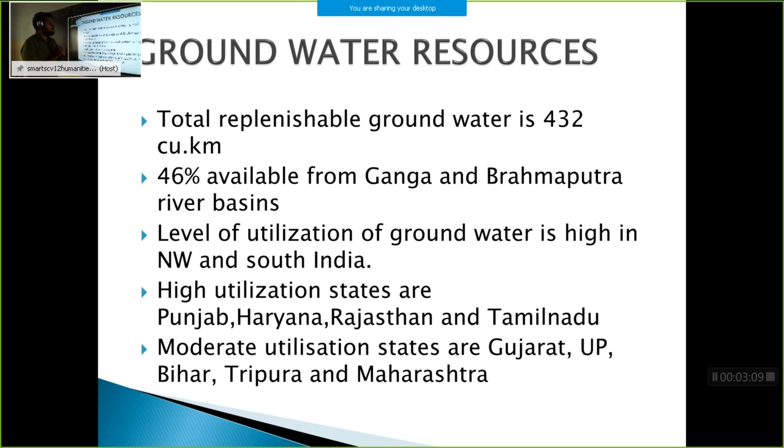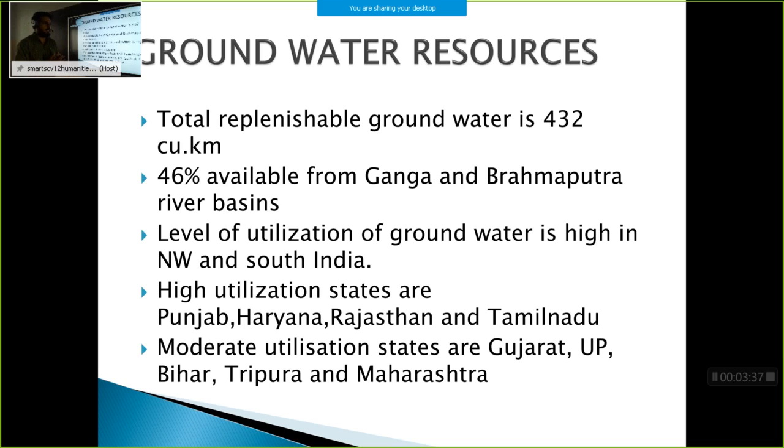Then, the level of utilization of groundwater is high in northwest and south India. So we can say that groundwater is utilized more in northwestern and south India than in north India. The high utilization states are Punjab, Haryana, Rajasthan and Tamil Nadu.